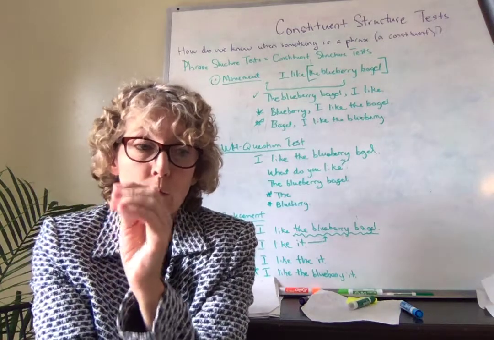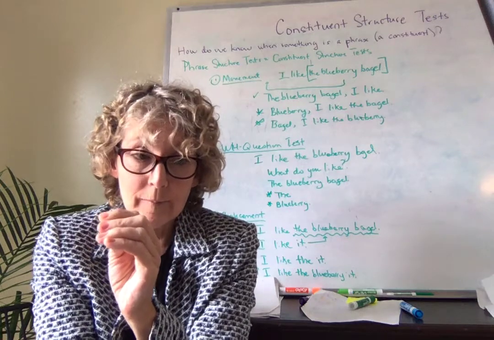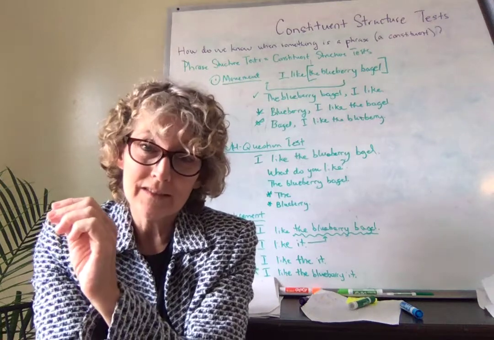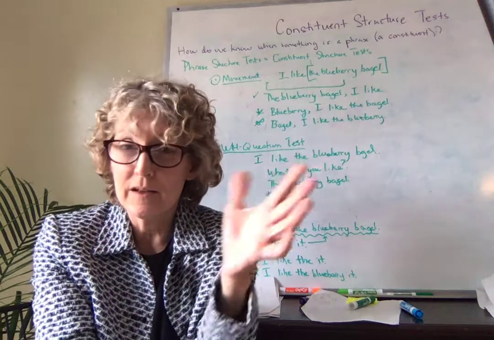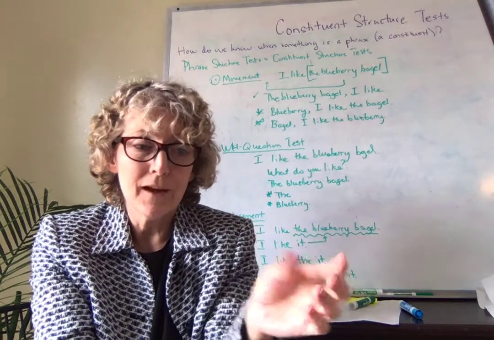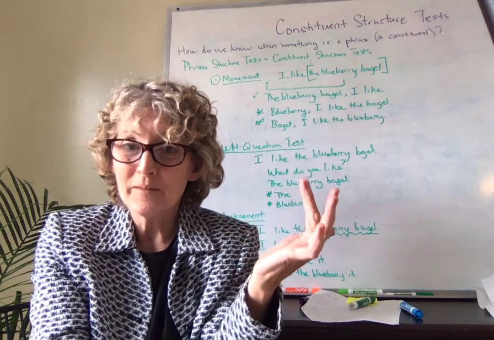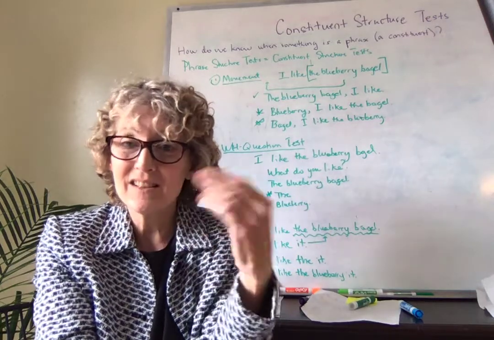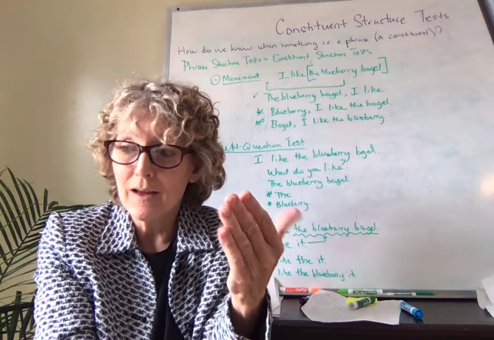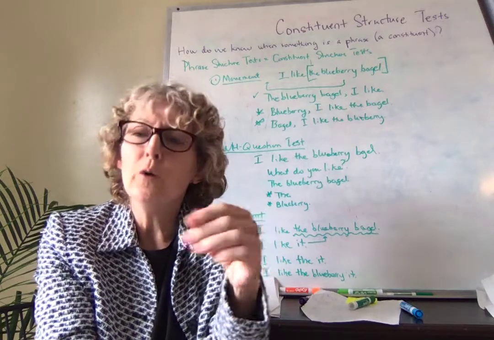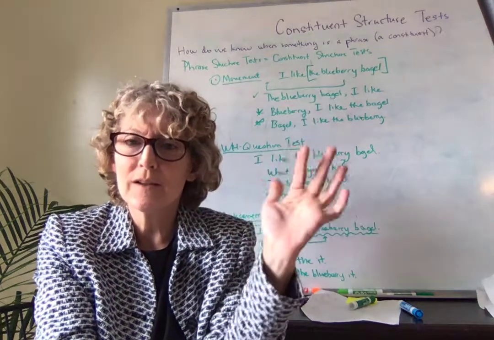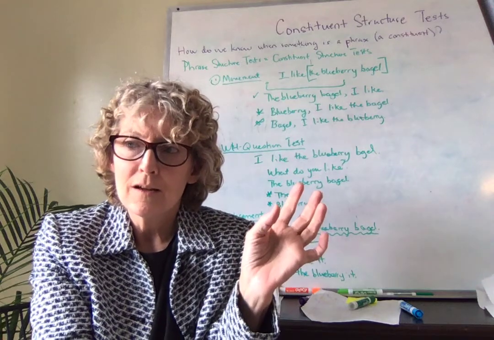And the reason that we want to have 3 is because imagine you apply one test, and let's say that it's movement. And imagine that in applying the test, something goes wrong and the sentence is changed by mistake. You might conclude, oh yeah, that's a phrase because that sounds like an okay sentence.